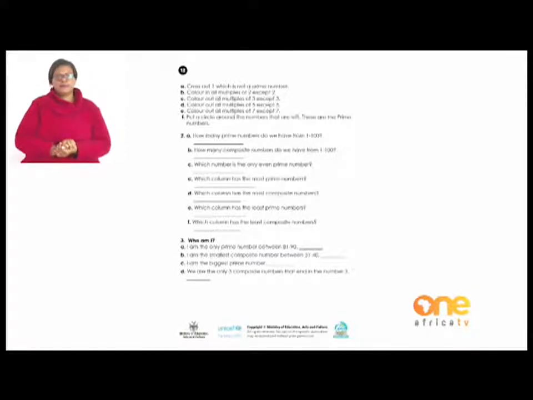So you go back to your table, and then you look at those numbers that you encircled. How many are they? Okay? 2B, it says, how many composite numbers do we have from 1 to 100?